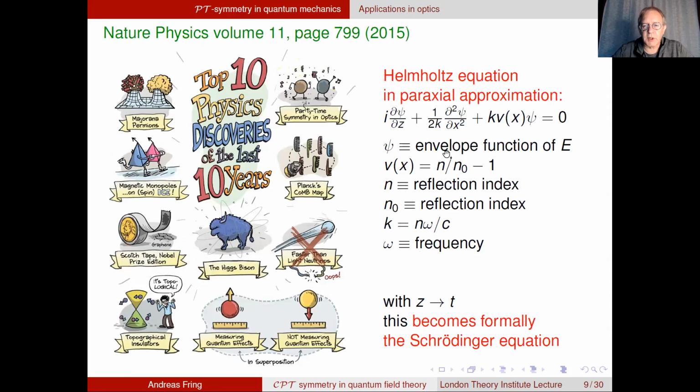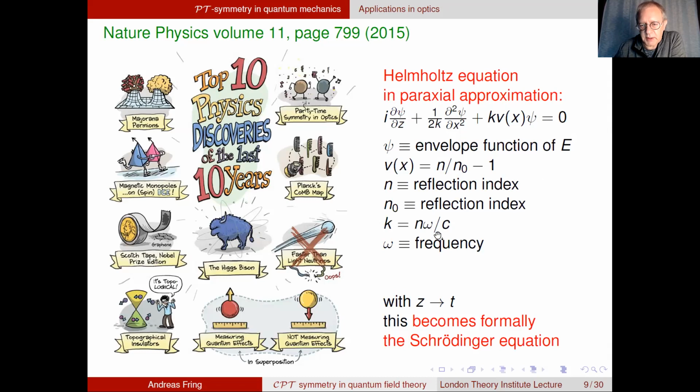So I don't want to go on about it, just to mention there are lots of applications, and a very successful one where people build or carry out experiments is in optics. And the reason is that in optics, one of the key equations, the Helmholtz equation, when you consider it in the paraxial approximation, takes on this form.